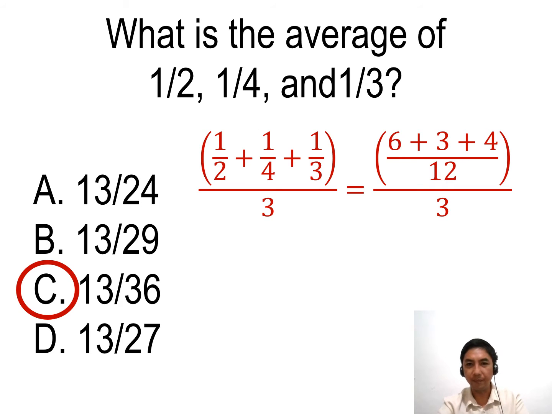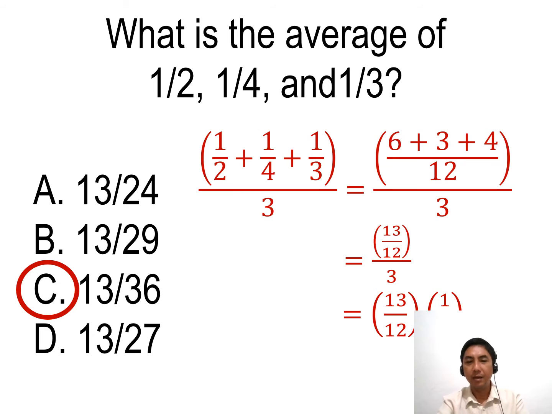So, eto siya. Then you divide by 3. Then add 6 plus 4 is 10 plus 3 is 13 over 12 all over 3. The next, just copy 13/12 and then multiply by the reciprocal of 3. And the reciprocal of 3 is 1/3. Yon. And then therefore, we are given 13/36.